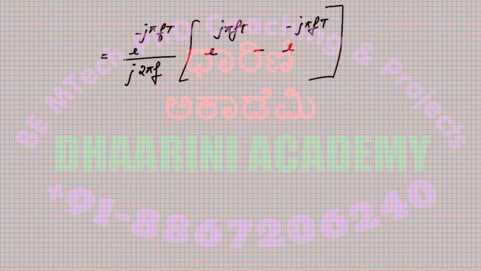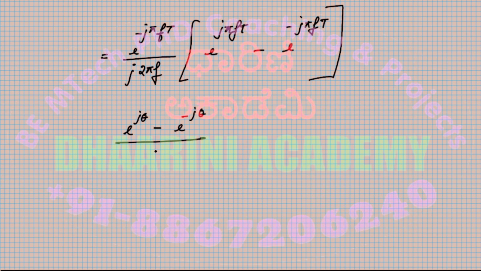We use the following: e to the j theta minus e to the minus j theta divided by 2j, and I can see a 2j here. If I utilize that, this can be replaced by a sine function, sine theta.